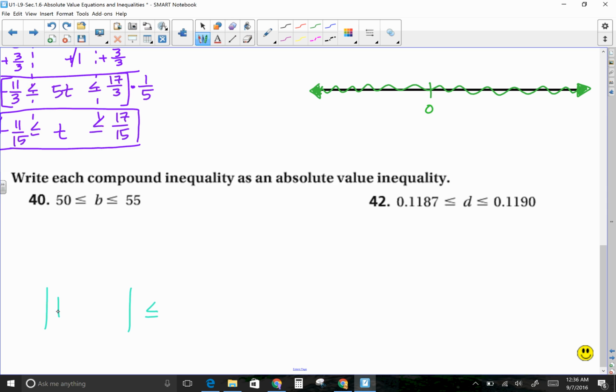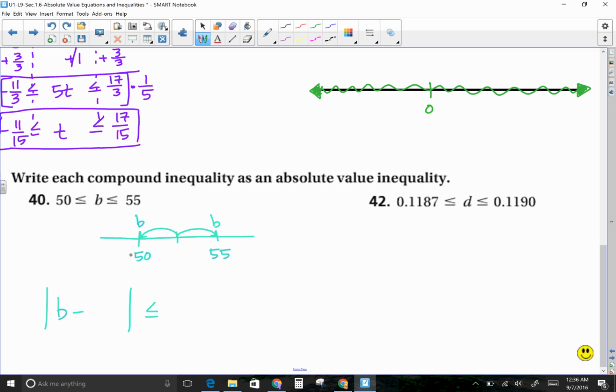We have a variable that's b, and it's going to be the distance from b to some number. I find these easiest to do by making a graph, 50, 55. You have to understand that the distance between b, because this is b and this is b, the distance between those numbers has to be the same. So that has to be the same number as this, which means this has to be in the middle.